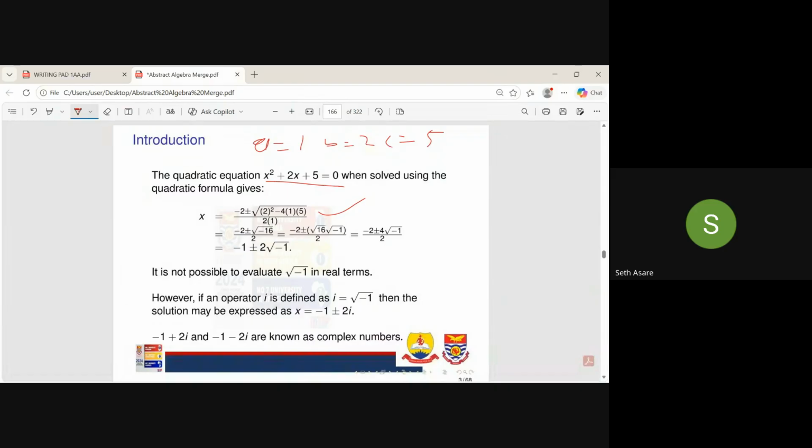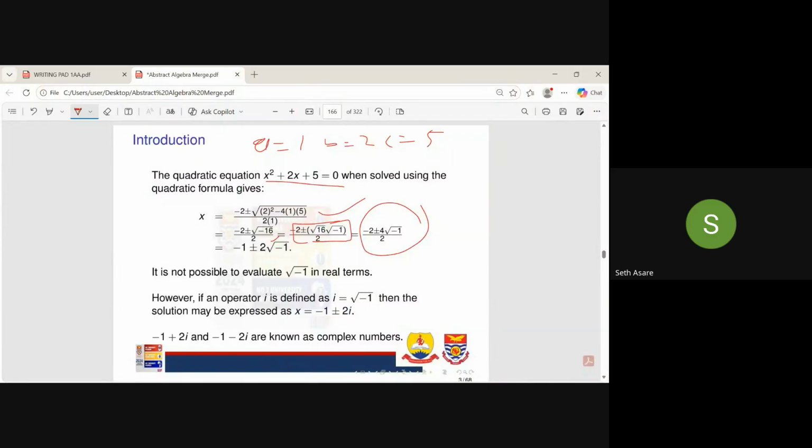Now, when we simplify it, we get minus 2 plus or minus root of 16 over 2. And in real number terms, we can as well write this as minus 2 plus or minus the square root of 16 multiplied by the square root of minus 1, all over 2. When we put this on our calculator, it will tell us that it is a math error.